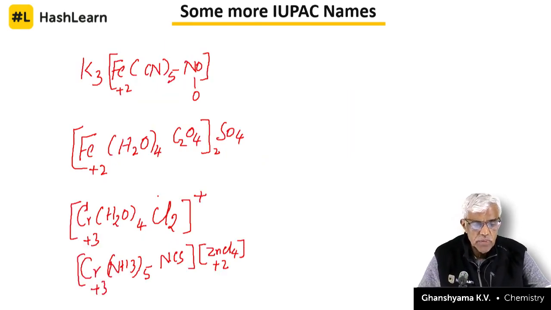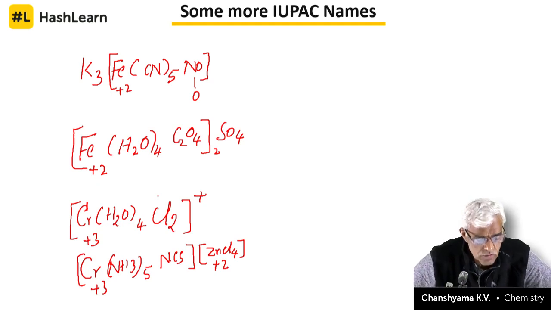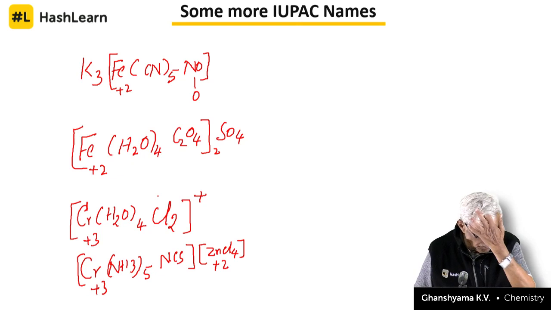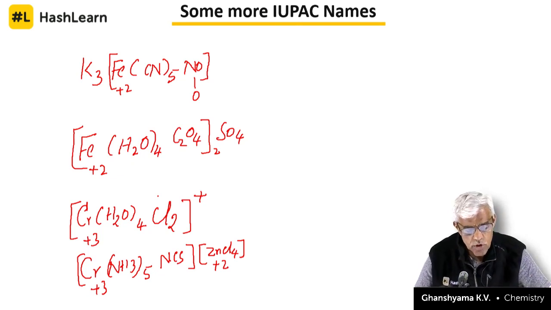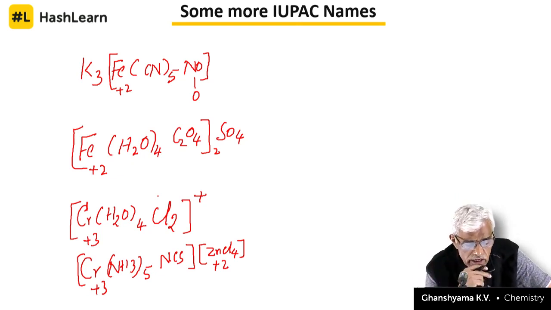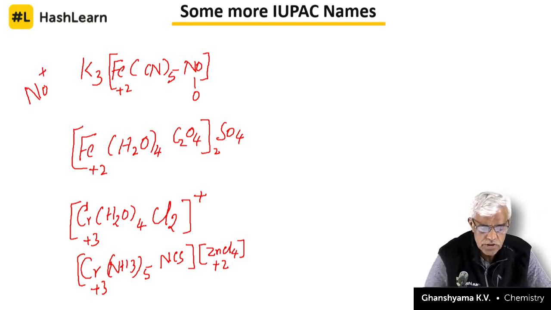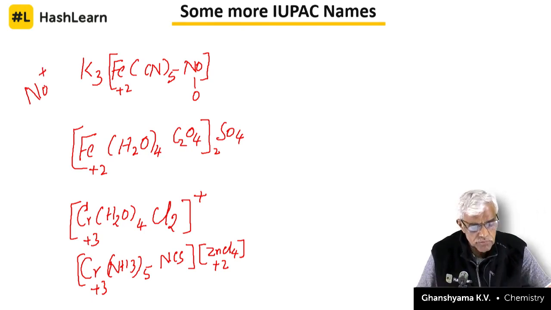Okay, next, K3[Fe(CN)5NO]. Here NO, the oxidation state is 0, it is nitrosyl, because we have nitrosonium also, NO plus, but this is nitrosyl.